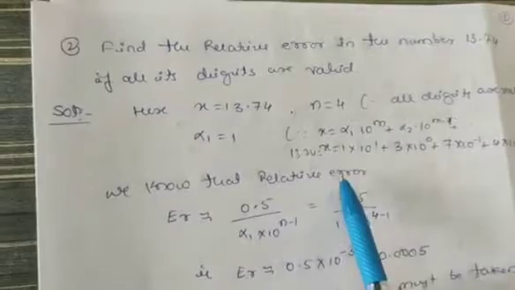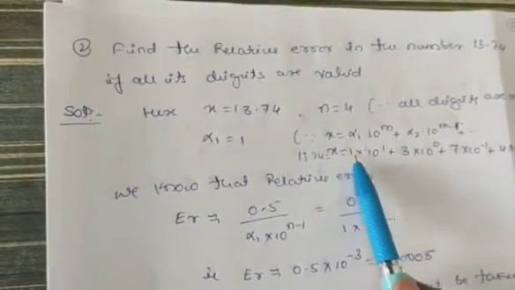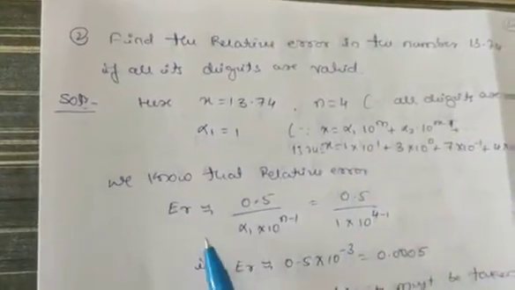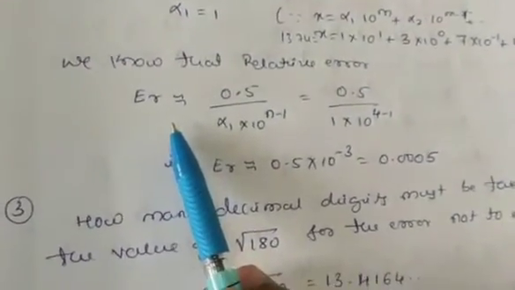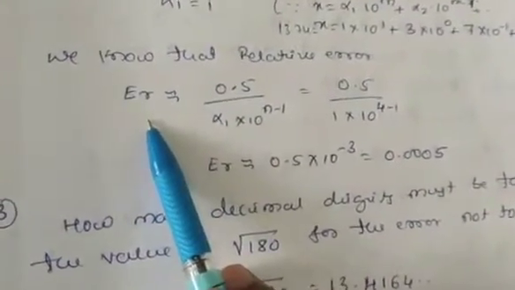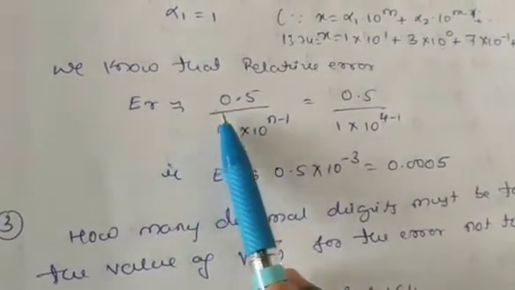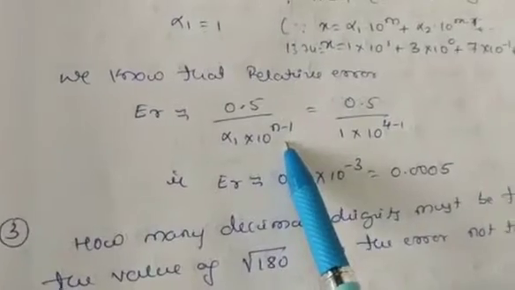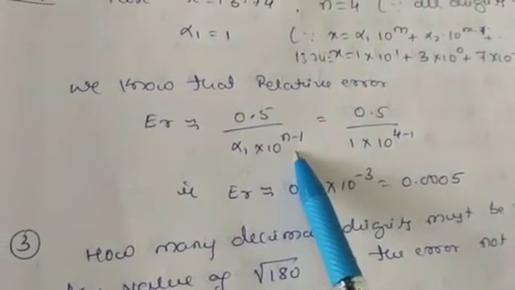Comparing these two, we have alpha 1 is equal to 1 and m is equal to 1. And we know from the previous session the definition: relative error is approximately equal to 0.5 divided by alpha 1 into 10 raised to n minus 1. This relation we studied in the previous session.